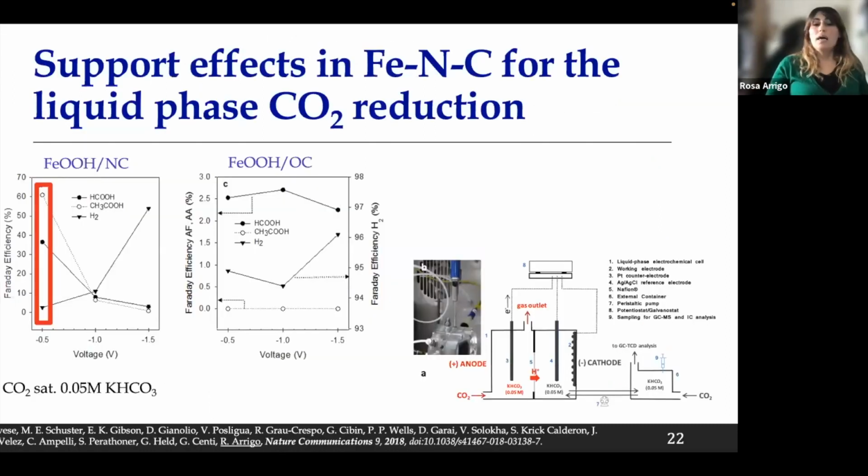Now, we could confirm with this system, without going too much into the details of the catalytic data, that the nitrogen-containing system in a short range of potential is selective toward the carbon-carbon coupling you can see here.